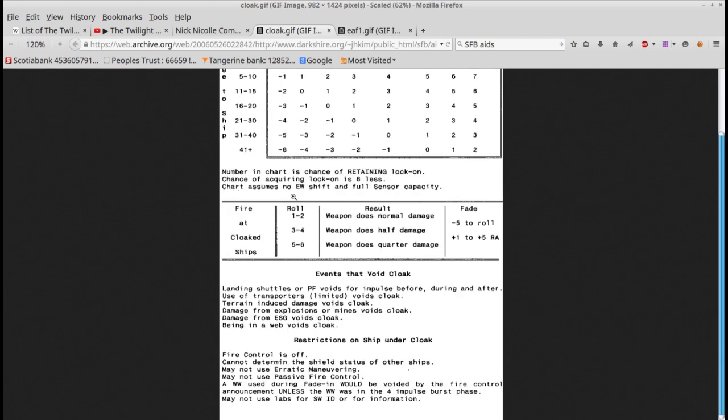It also has a fired at cloaked ships shifting and what the reduction of damage is. It lists events that void cloak and restrictions that a ship that's under cloak is under. So it's a fairly useful GIF. These are just some of the things that were found on the Wayback Machine Internet Archive.